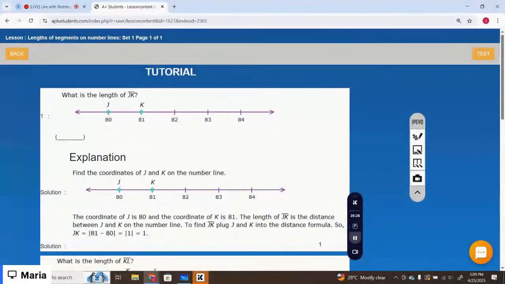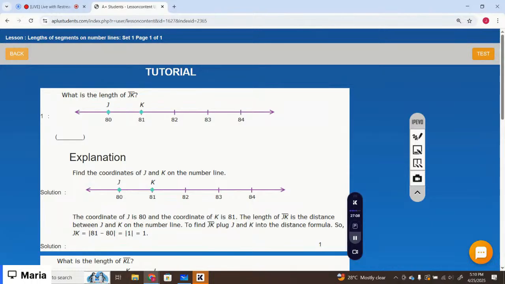So the length of JK is the distance between J and K on the number line. So 81 minus 80 equals 1. So JK equals 1.